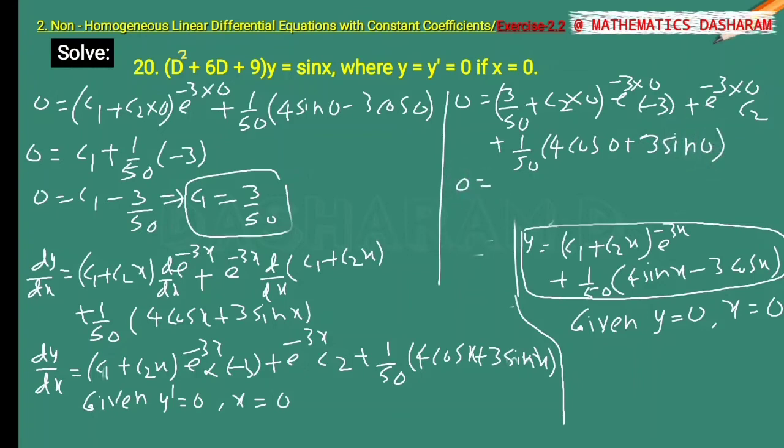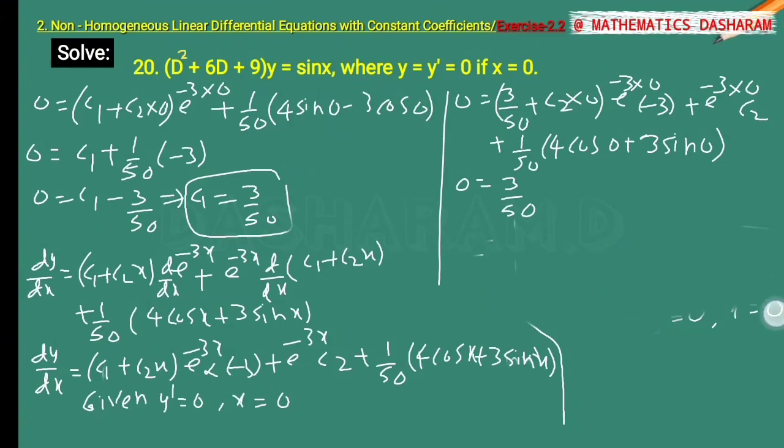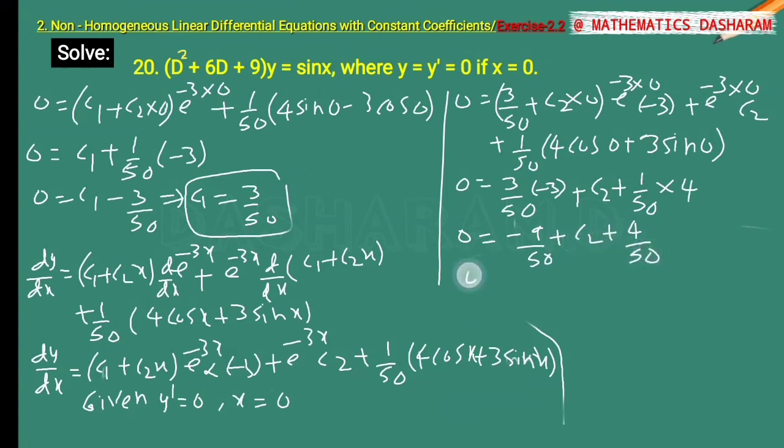So 0 equals minus 3 by 50 into e to the power of 0, which is 1, into minus 3, plus here e to the power of 0 is 1, c2, plus 1 by 50 into cos 0 is 1 and sin 0 is 0, so overall it is 4. 0 equals minus 9 by 50 plus c2 plus 4 by 50. 0 equals minus 9 by 50 plus 4 by 50 is minus 5 by 50, plus c2.